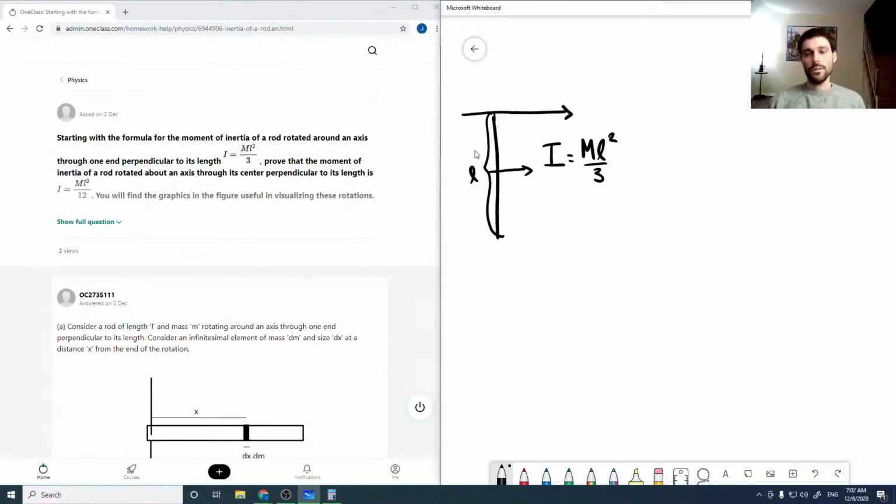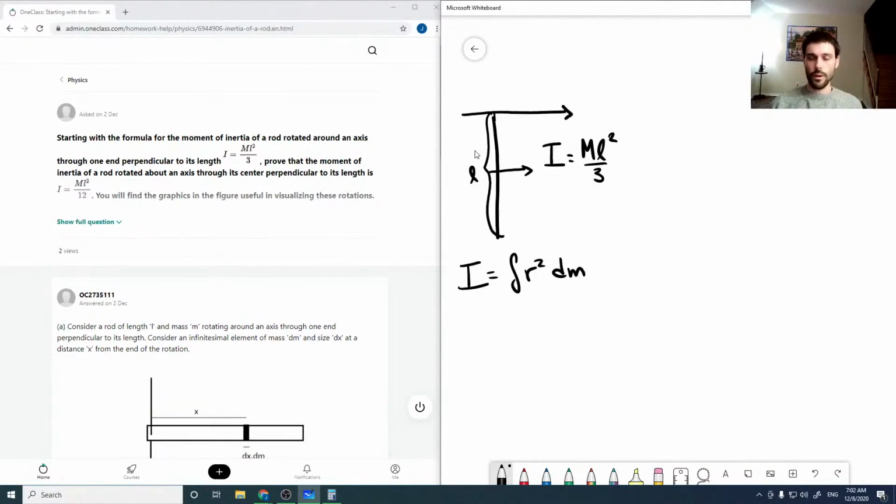So we can just do the same trick as I have in a previous lesson and use that I is the integral of r squared dm and then start summing up masses. We can also use a kind of nifty little trick here.